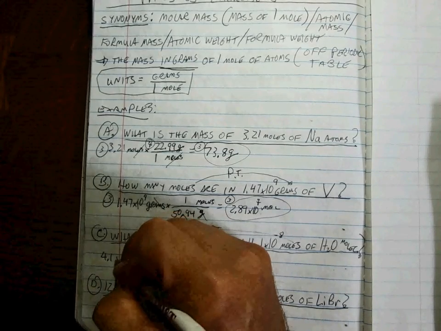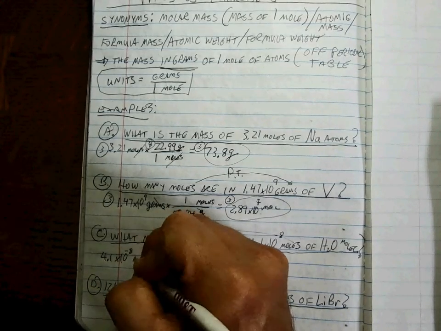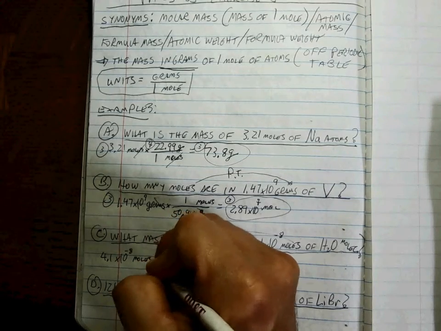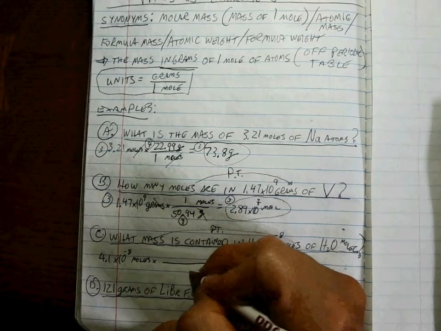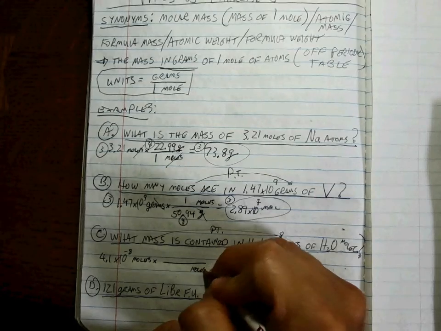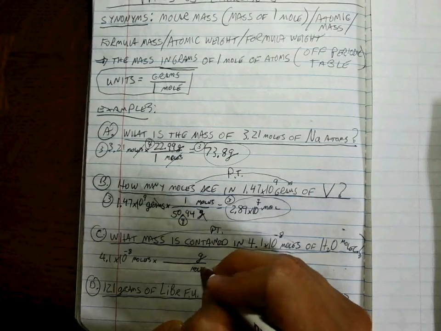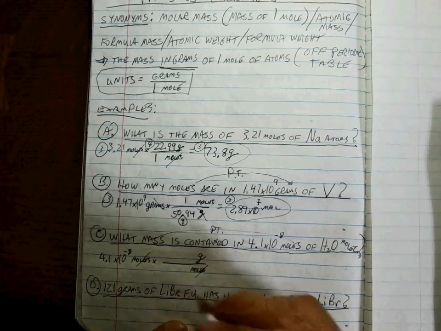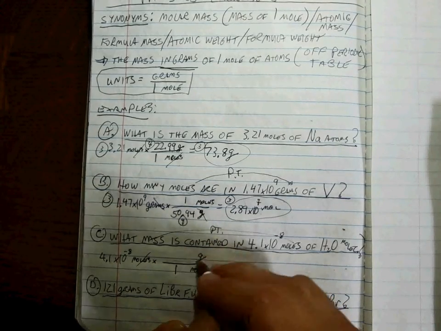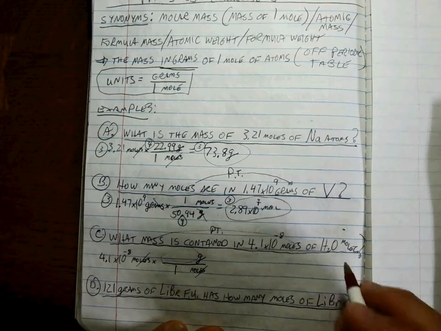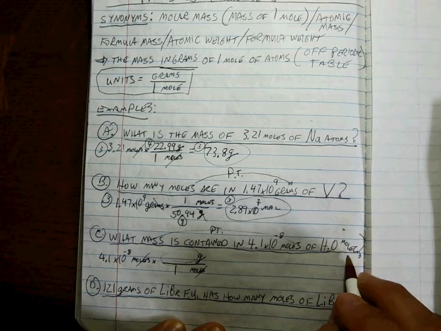4.1 times 10 to the minus 8th moles. Since we want to get mass and grams is easiest, there's the moles, cancel out. The 1 goes with the moles, and what goes here? Well, this is H2O molecules.